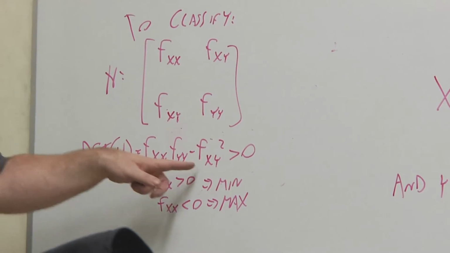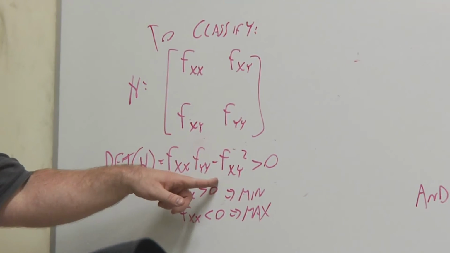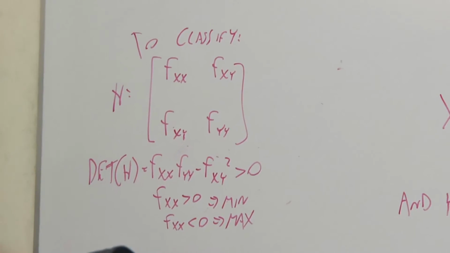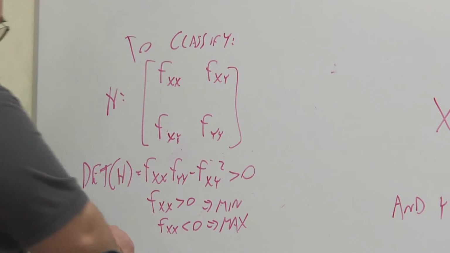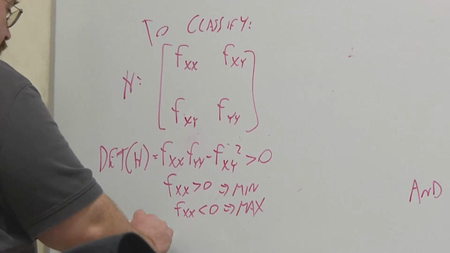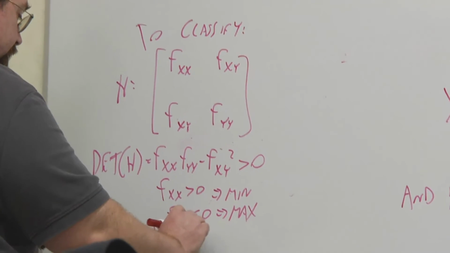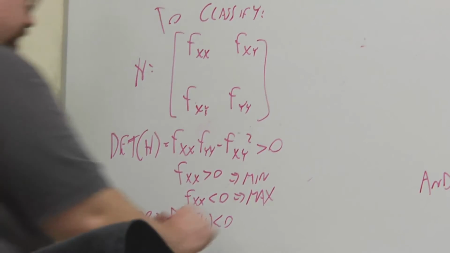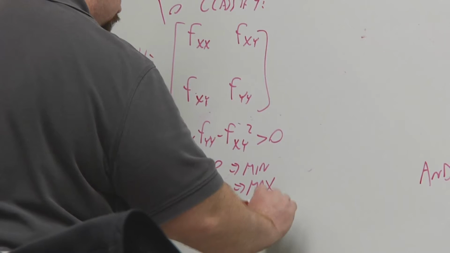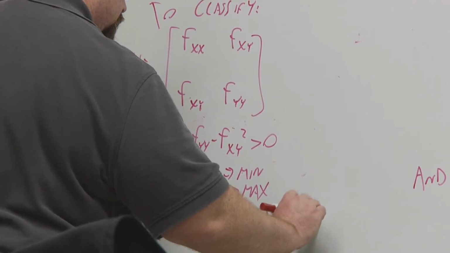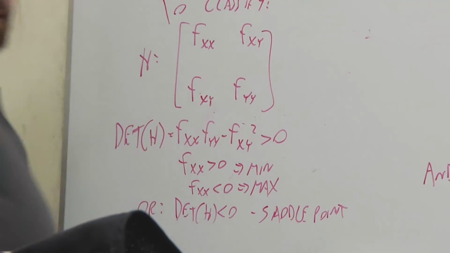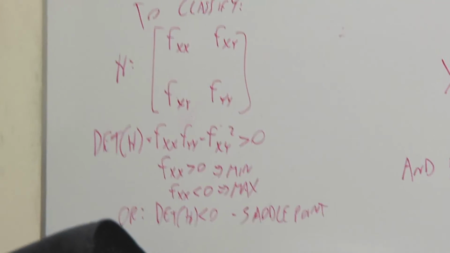So if the determinant is positive, you know it's a max or min; you just have to look at this element to see which one it is. Or if the determinant of H is negative, that's a saddle point.